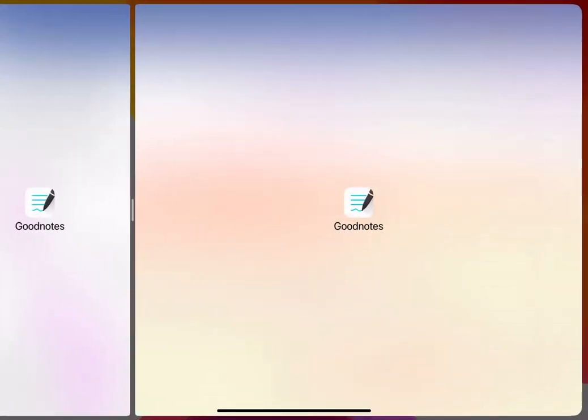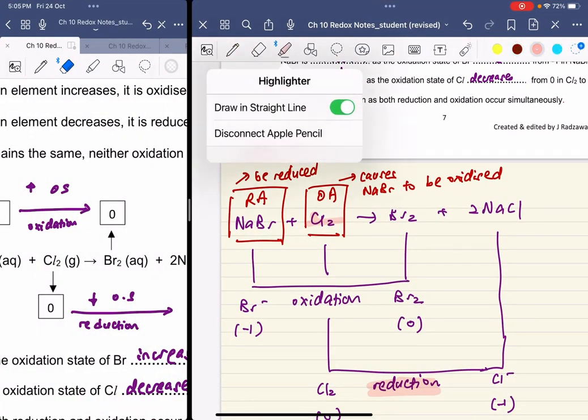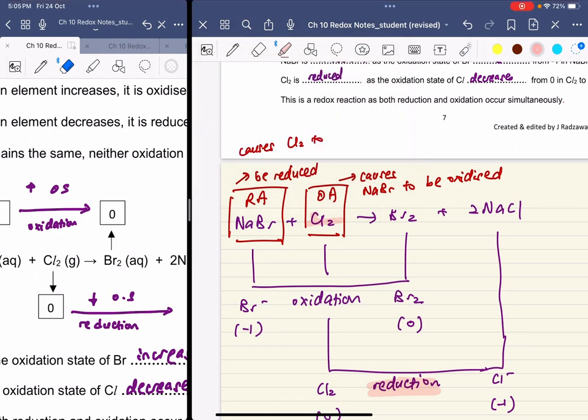I would like you to take a look at this whole thing again. Now, sodium bromide is oxidized. Sodium bromide, there is an oxidation here.